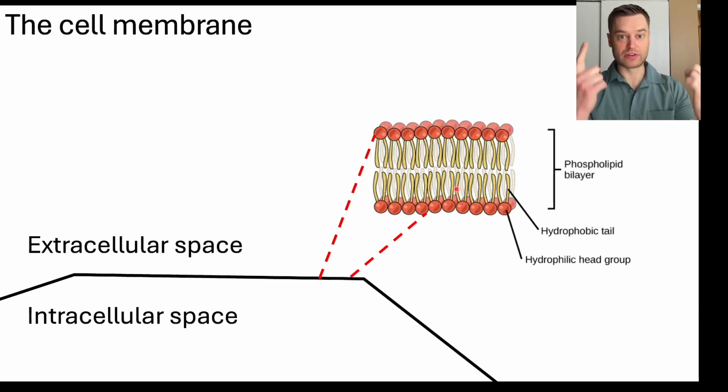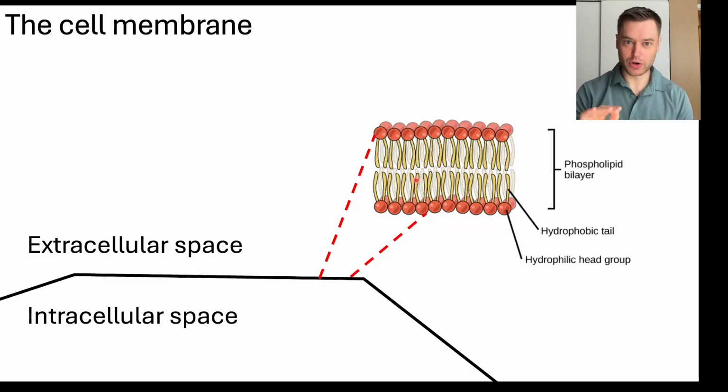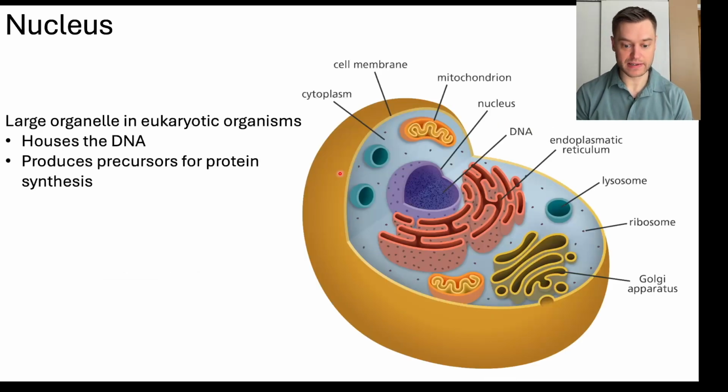So the reason why cells are circular is because we have this phospholipid bilayer that composes cellular membranes, that repels water on the tails and attracts water on the heads. And that makes the cells form this circular structure.